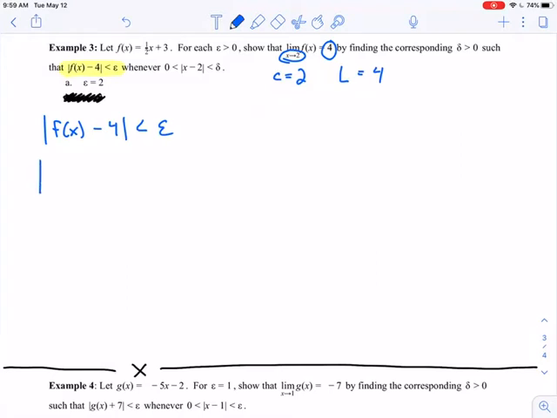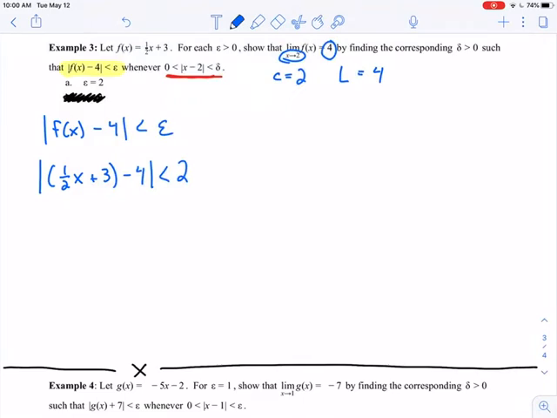So absolute value of f of x, well, f of x is 1/2 x plus 3 minus 4 is less than epsilon. In this case, we're going to say that epsilon is 2 here. And my goal here is to end up with something that looks like this side over here. I'd like to isolate x in a way almost. I'd like to get that coefficient of x out of there.